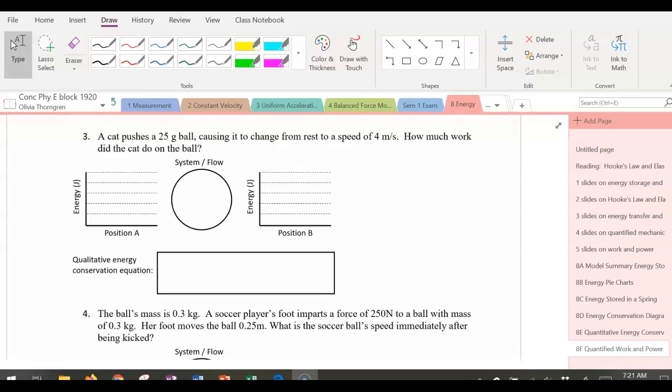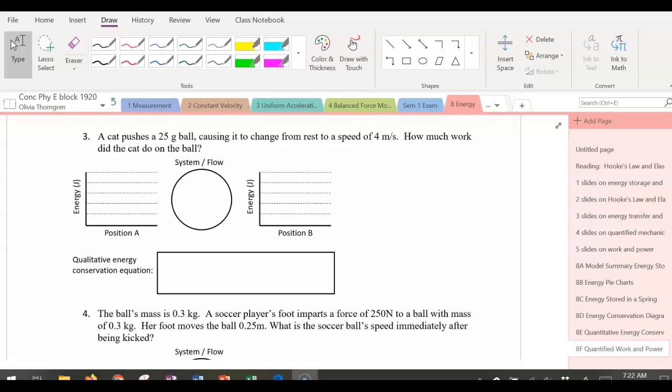We've got a cat who pushes one of those small little cat toys, a 25-gram ball, that was originally at rest, and the cat, when it pushes it, gives it a speed of 4 meters per second. And we want to know how much work did the cat do on the ball.